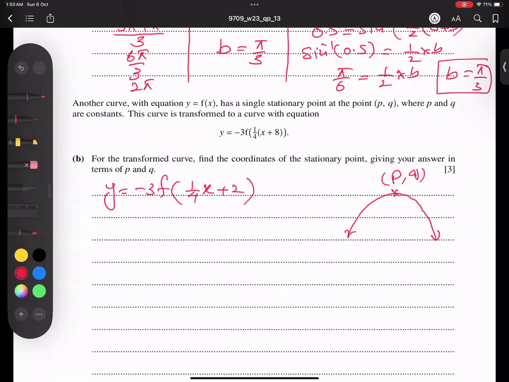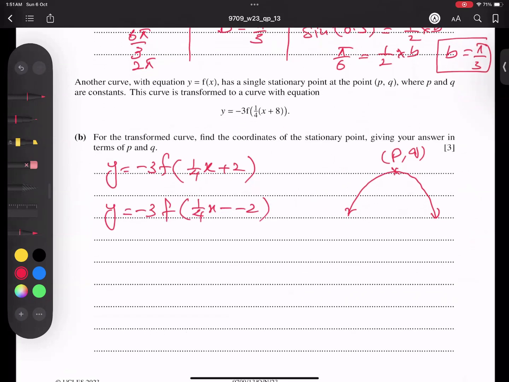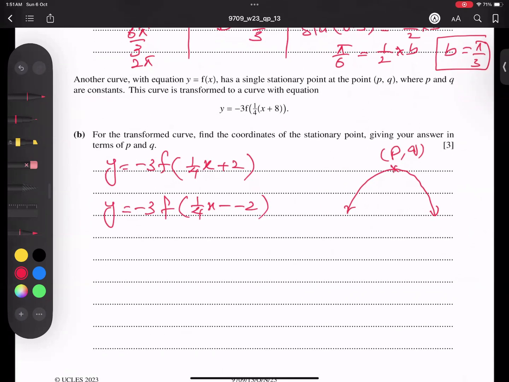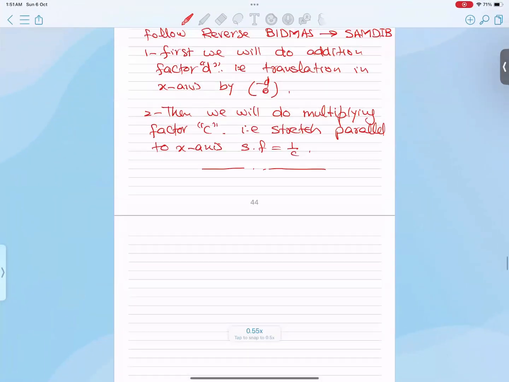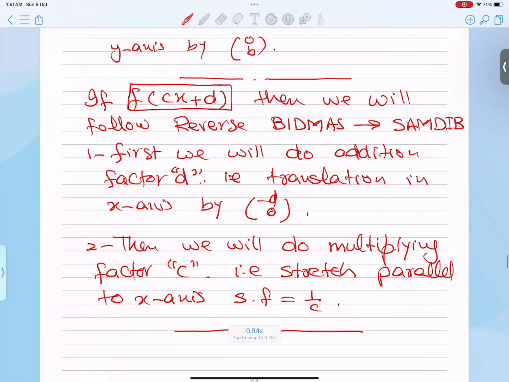I just taught you one thing, that whenever we transform 1/4 times x minus 2. Now, if you look carefully, how do we deal with this? I said there is a method to do this when I have an inside.